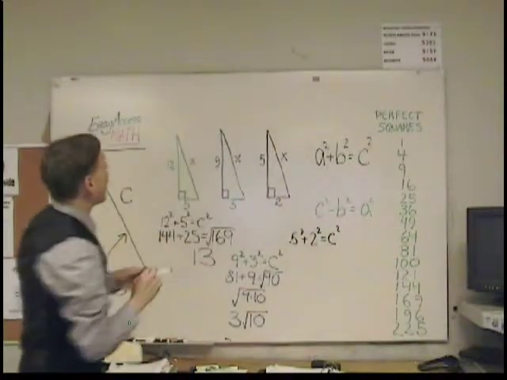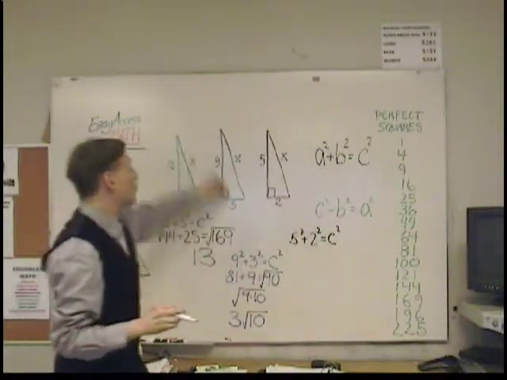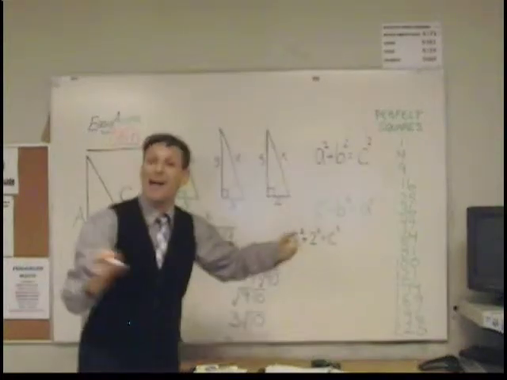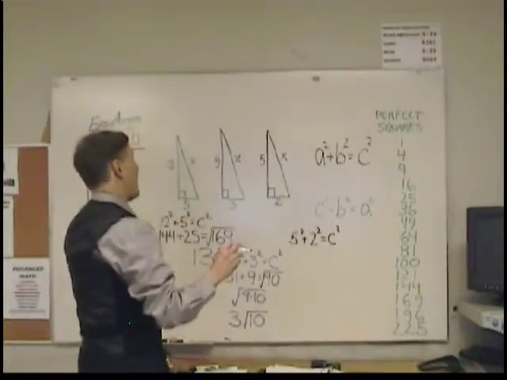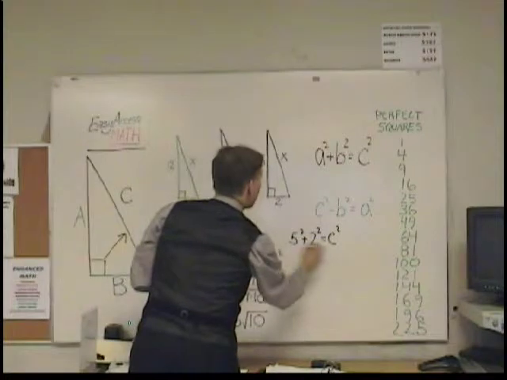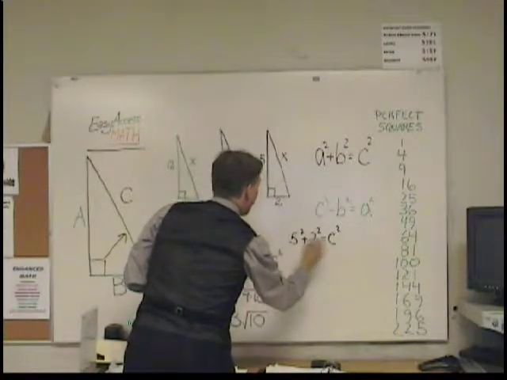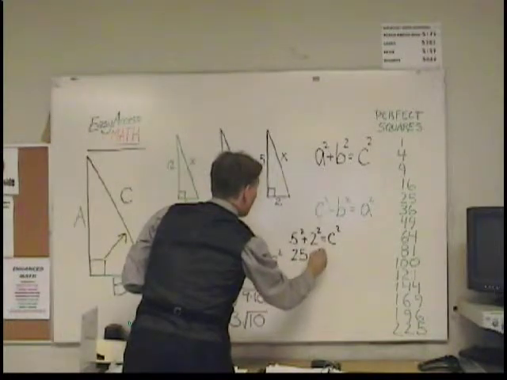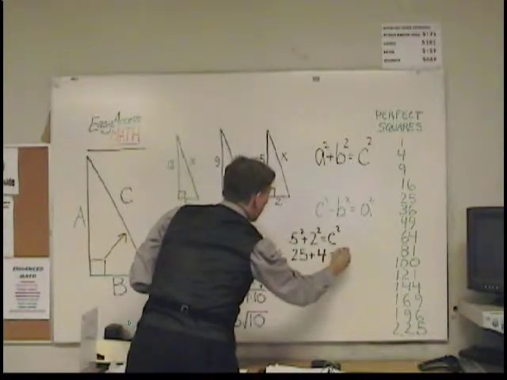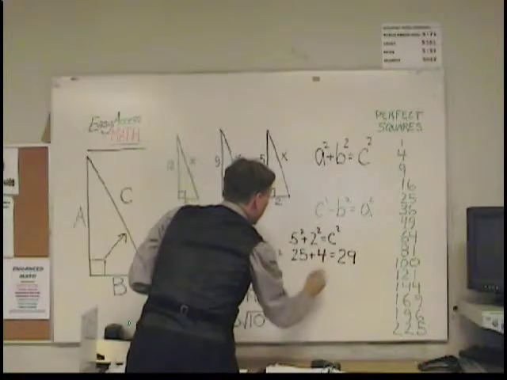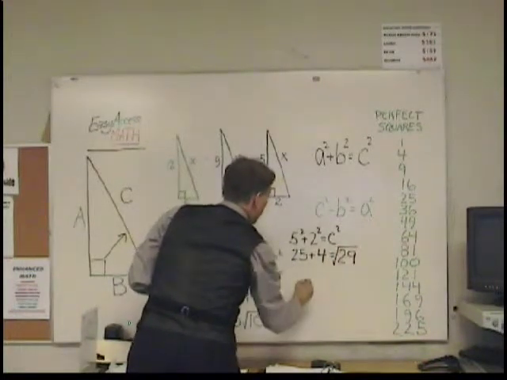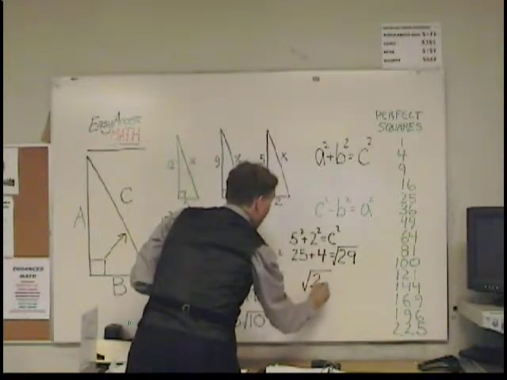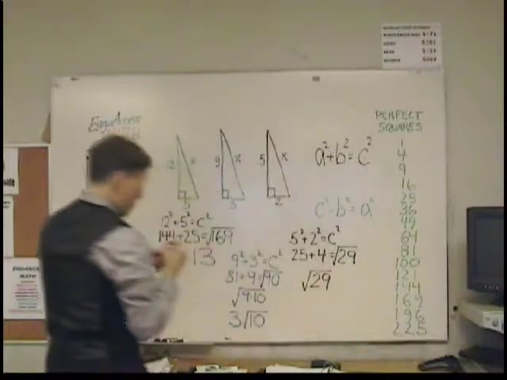Remember, these are all adding because on all 3 of these right triangles I'm missing the longest side, the hypotenuse. So I have 5 squared plus 2 squared equals c squared, which gives me 25 plus 4 equals 29. Remember, my last step is I take that 29 and I put it in the radical.